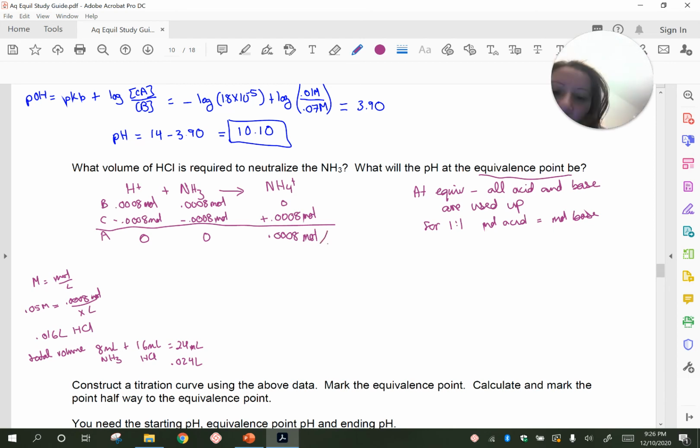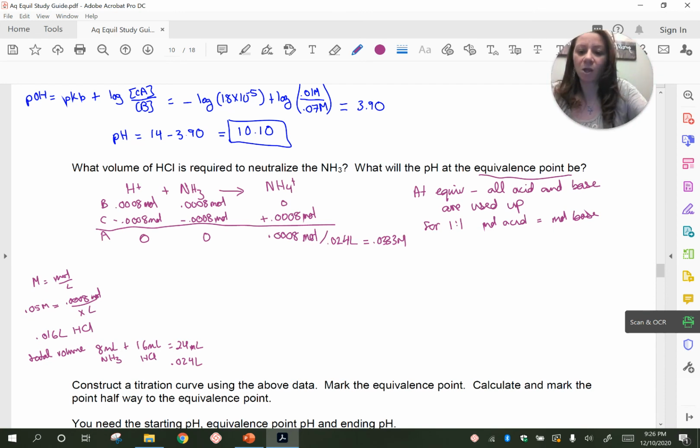So I'm going to divide 0.0008 moles by 0.024 liters. This gives me, it's a third, right? So 0.0333 molar. Okay, so we got the answer to the first question, the volume of the HCl.